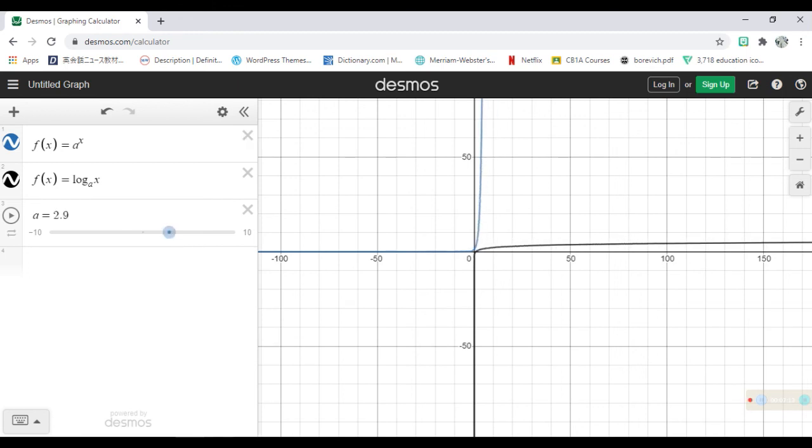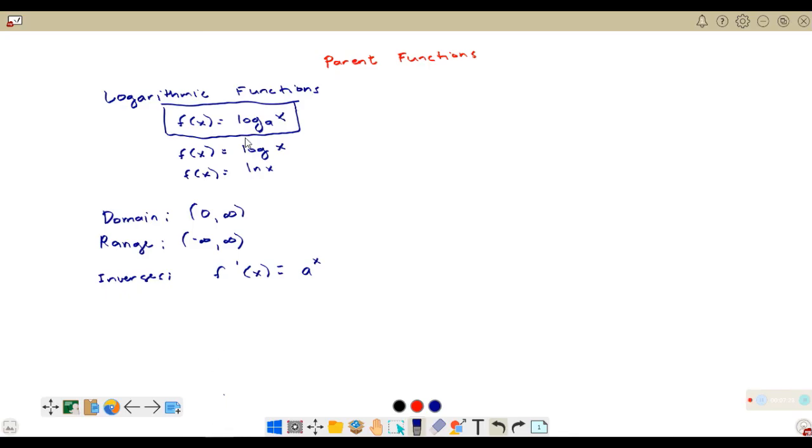Alright. And of course, during our discussion on exponential functions, we also discussed the inverses of this too. We have f prime of x is equal to 10 raised to x, and this one is, I used prime, it should be negative 1.